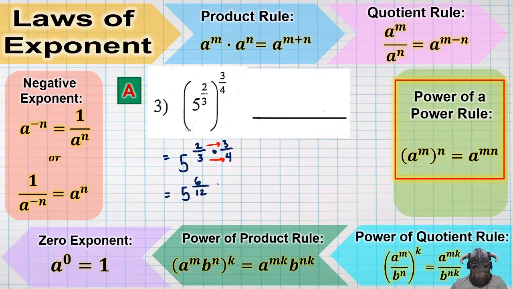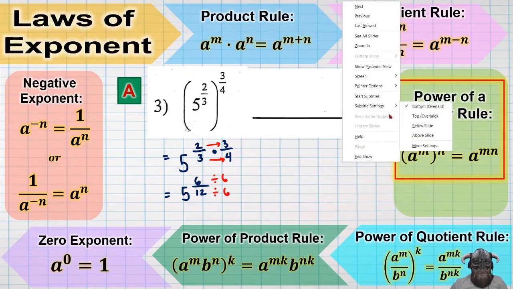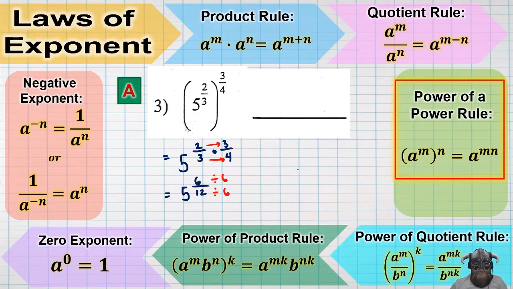We divide both of them by its GCF. So, ang GCF ng 6 tsaka ng 12 is 6. So, divide natin sila parehas kay 6. Therefore, our exponent will become 6 divided by 6 is 1, 12 divided by 6 is 2. So, our answer is 5 raised to 1/2. So, that will be our final answer.